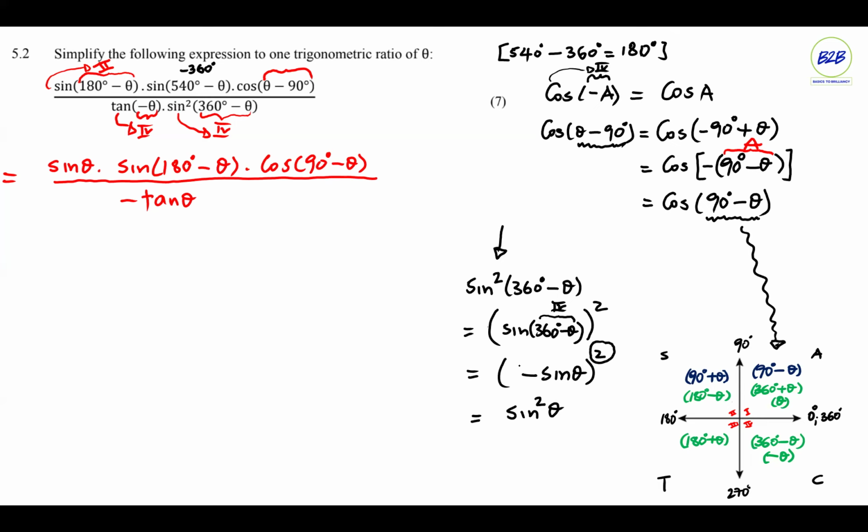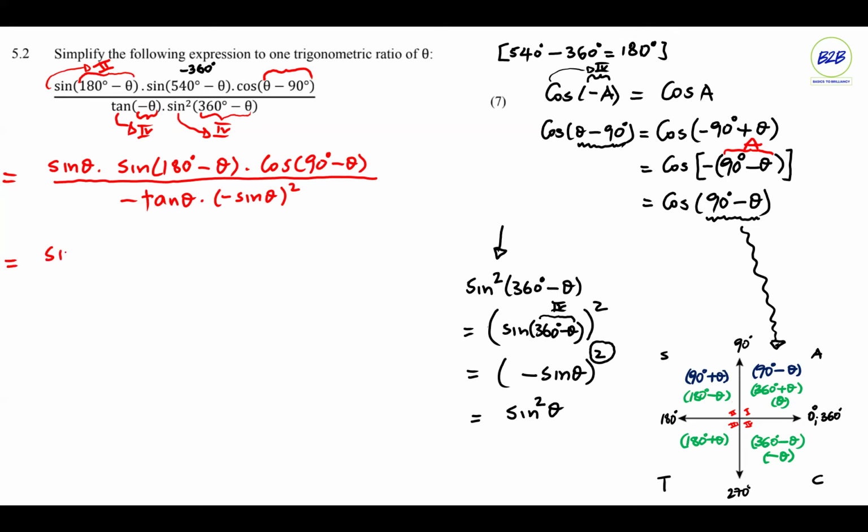So that's why I said be careful. Here, as much as the sine is negative in the fourth quadrant, when we come and substitute here, that negative must be inside the brackets with the square outside. Very important. All right, let's move along.